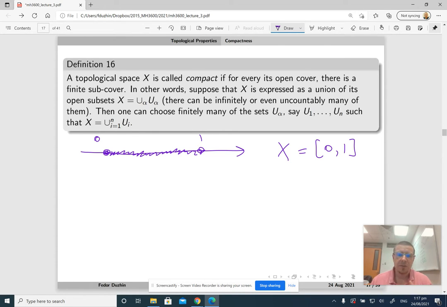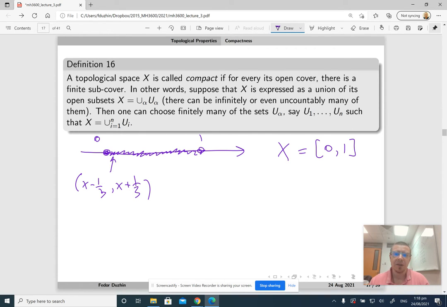Now let me introduce some infinite open cover, even an uncountable open cover. For every x in this interval, I'm going to consider the interval from x minus 1/3 to x plus 1/3.